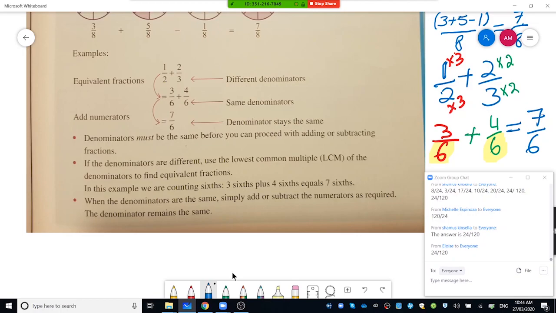Let's read that: the denominator must be the same before you can proceed with adding or subtracting fractions. If the denominators are different, use the lowest common multiple of the denominators to find the equivalent fractions. Here we found that we can make them 6, and then you can do that.